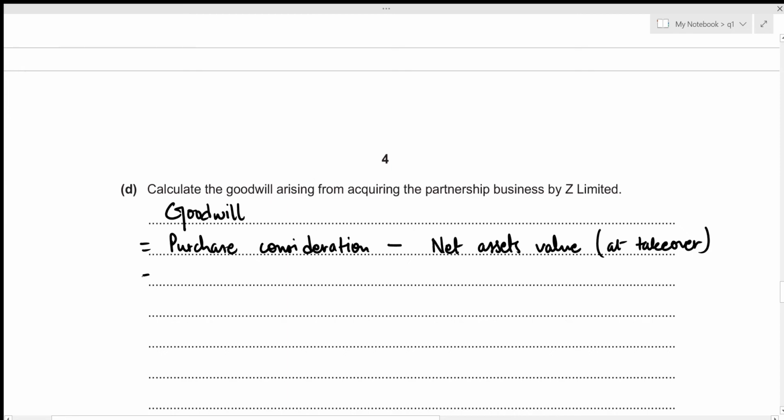Okay, we know that the purchase consideration paid by Z Limited to the partnership is 500,000. Now we just need to subtract our net assets, and net assets is just going to be the difference between assets and liabilities. So I'm just going to write down all of the assets at a positive value, and we need to subtract the liabilities.